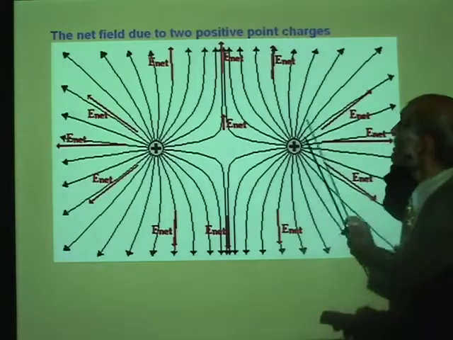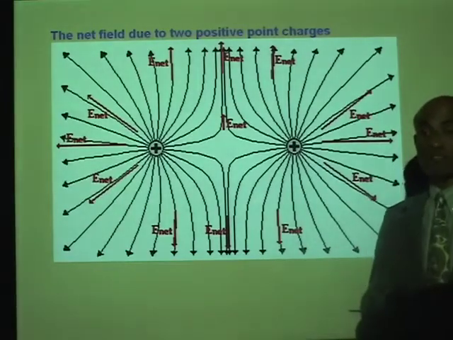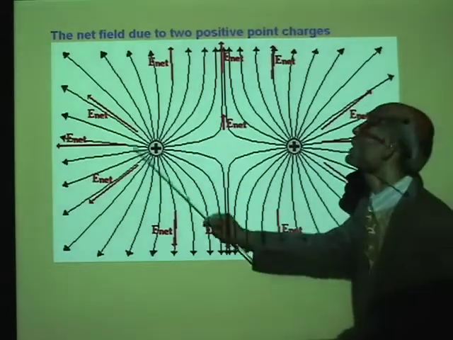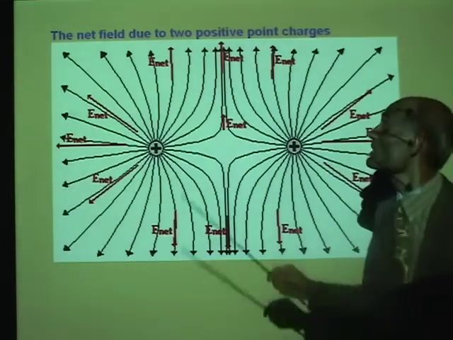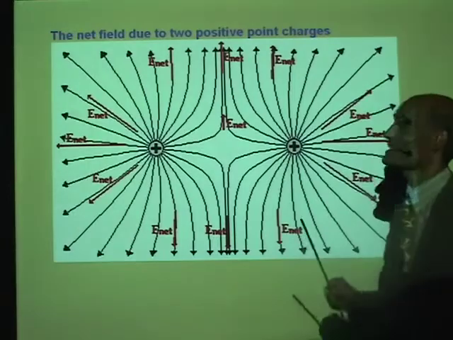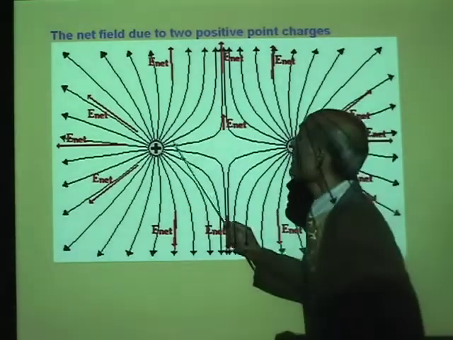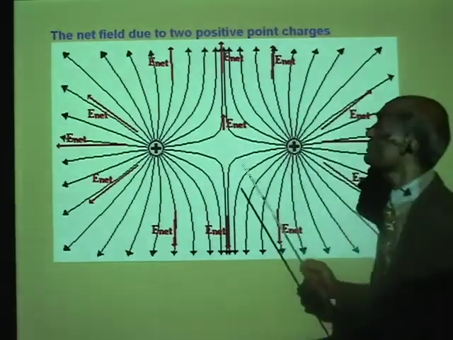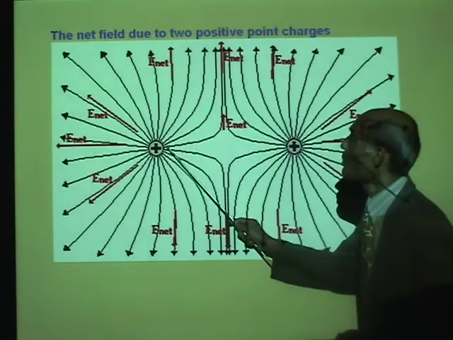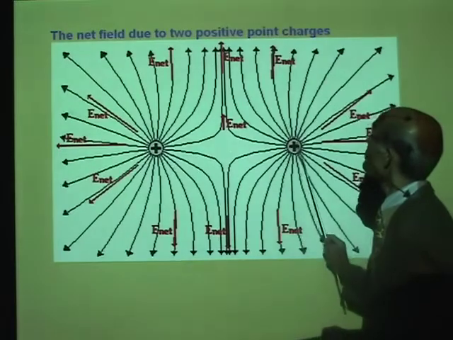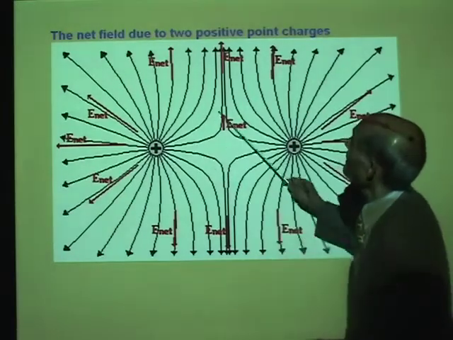So the electric field due to two positive charges will look like this. You must be familiar with drawing electric field due to systems of charges like this. Field lines are originating from both, and you can see a positive charge moves away from A and also away from B. It goes like that.